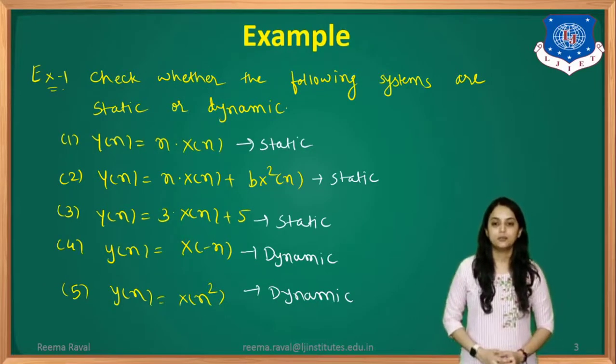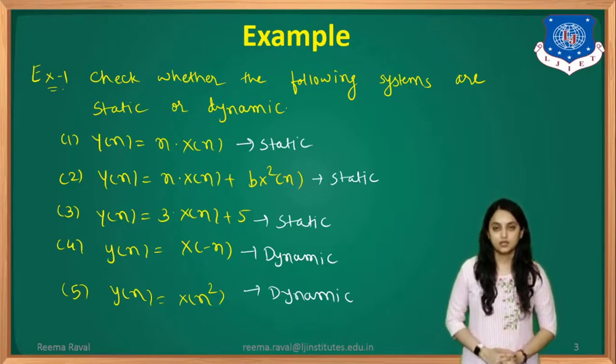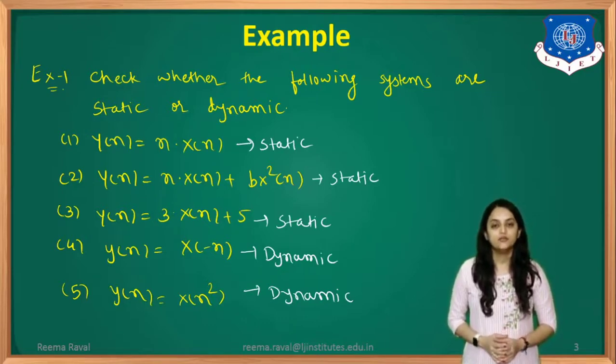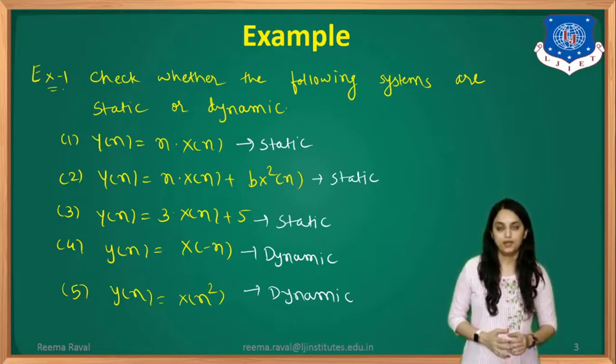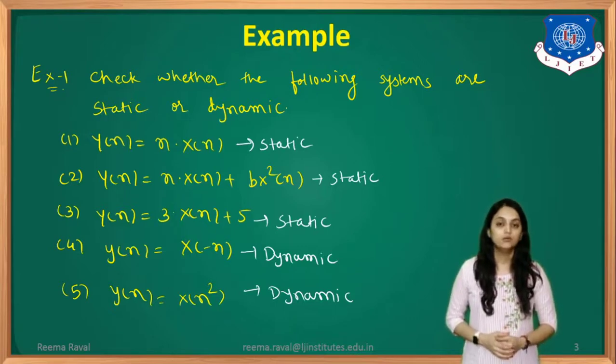So here in this example, it is asked us to check whether the following systems are static or dynamic. Here 5 systems are given to us. First one is y of n equals n into x of n. Now recall the static property concept.